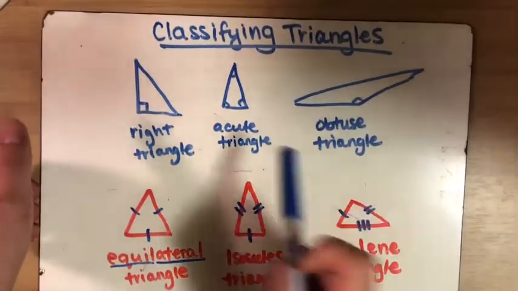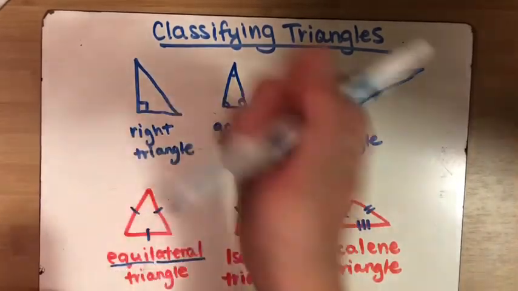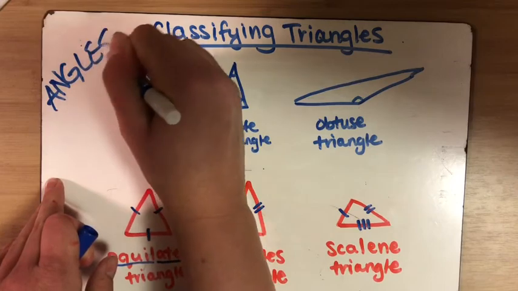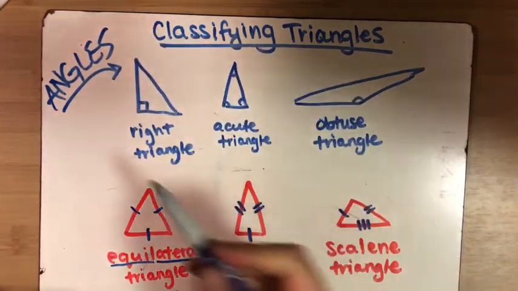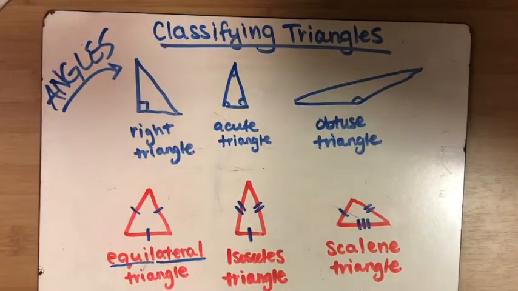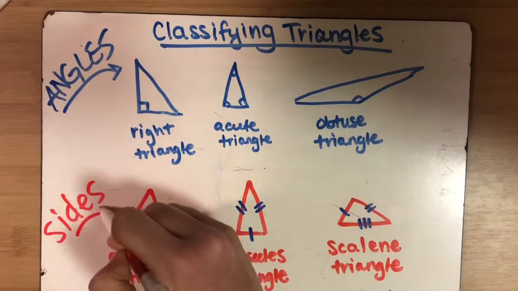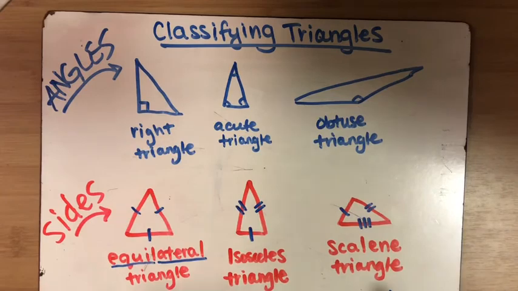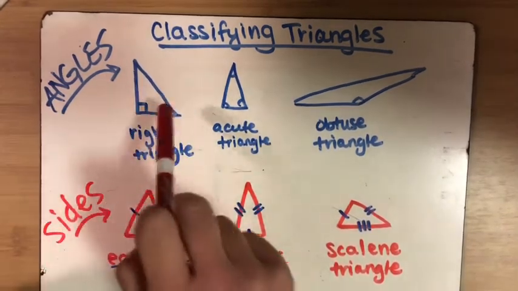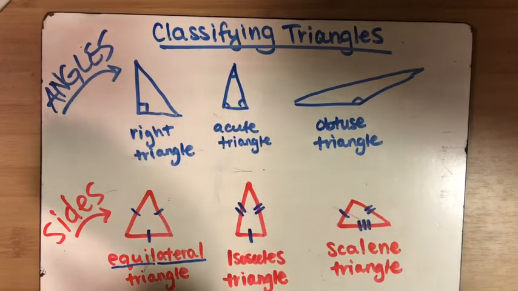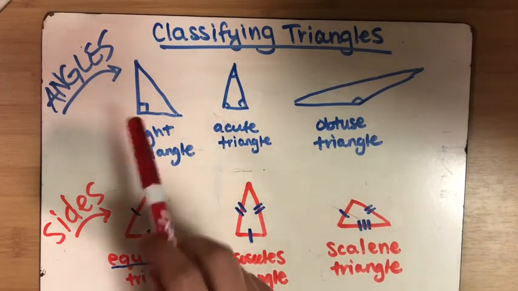So again, we can classify triangles by angles, and we can classify triangles by sides. Here we have a right triangle, which means it has a right angle in it. An acute triangle, oh, it's so cute, has all its angles smaller than 90 degrees.